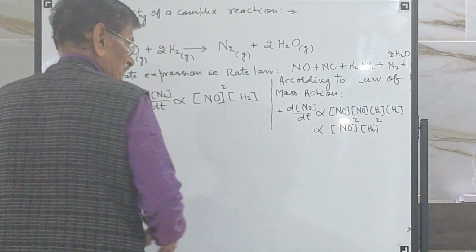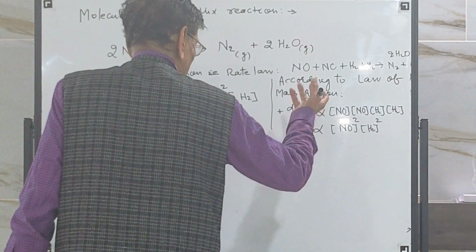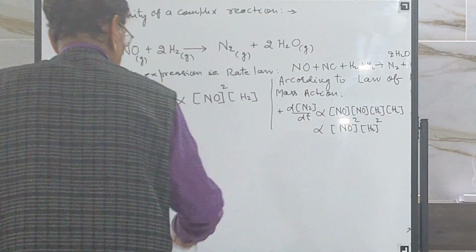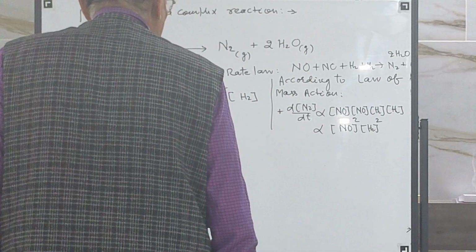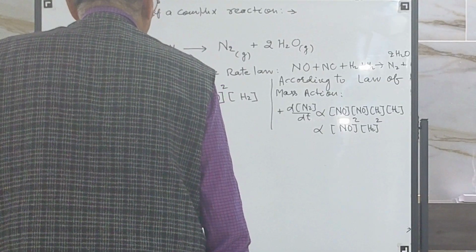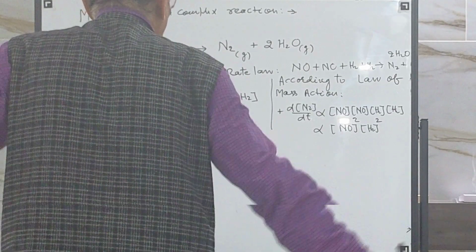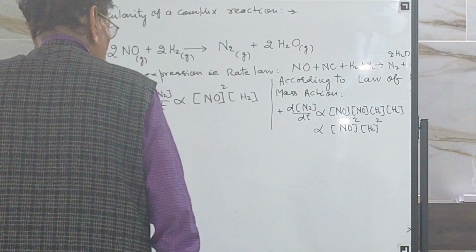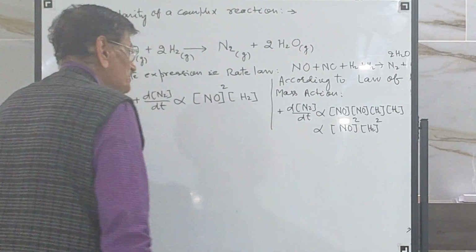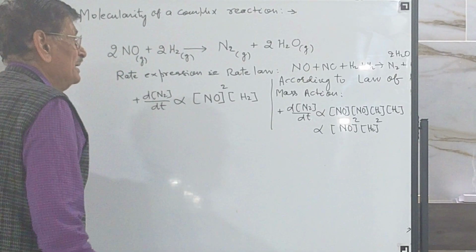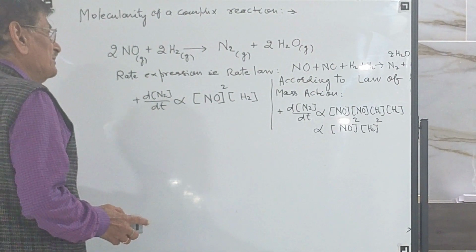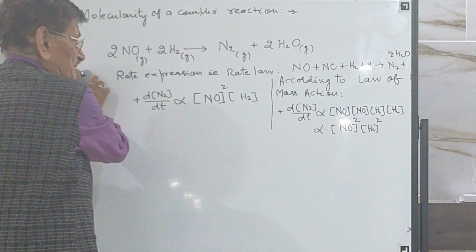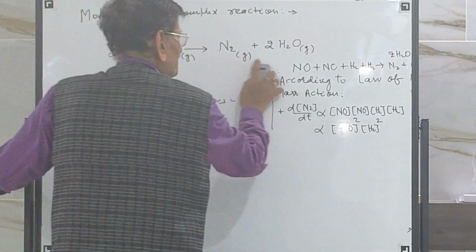So if the rate law expected from the law of mass action is not observed experimentally, the experimental rate law appears to be different from that expected, it immediately suggests that the reaction under consideration is not an elementary reaction, but a complex reaction.